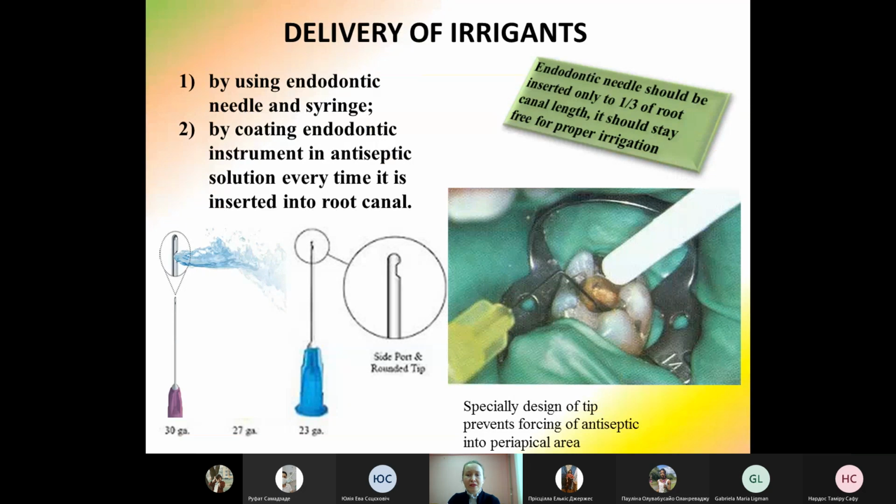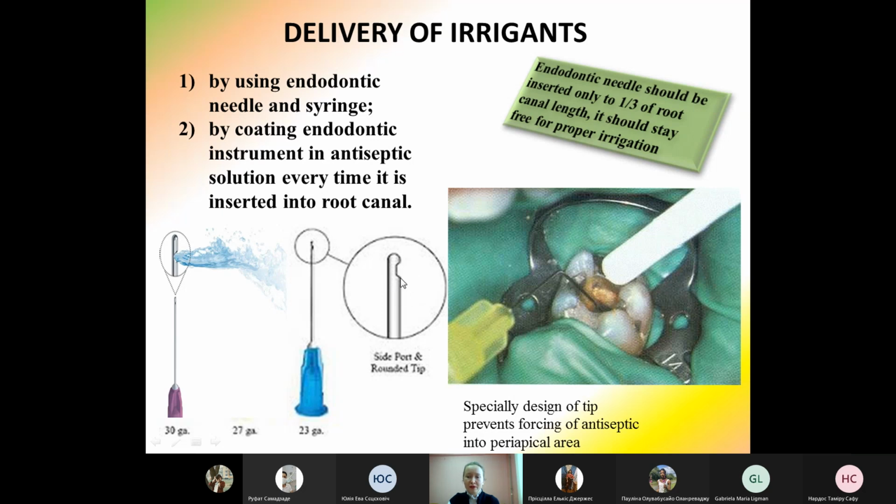Irrigants can be delivered in such a way. First of all, by using an endodontic needle and syringe, and by coating the instrument in antiseptic solution every time it is inserted into the root canal. Here you have this endodontic needle with a specially designed tip.